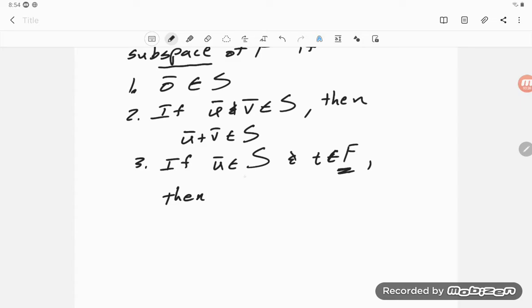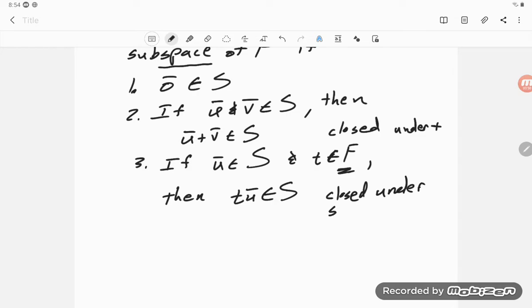Then T times U is an element of S. So we have addition and scalar multiplication. It has to be closed. Closed under this plus, and closed under scalar multiplication. Okay, so that's our definition.